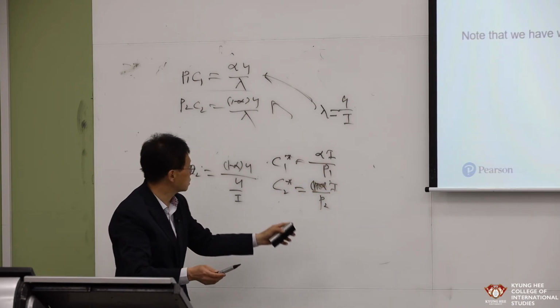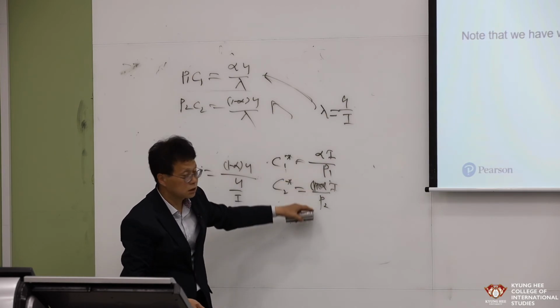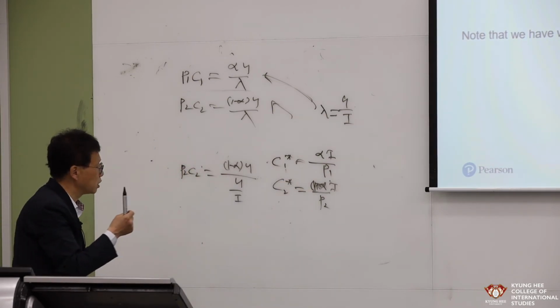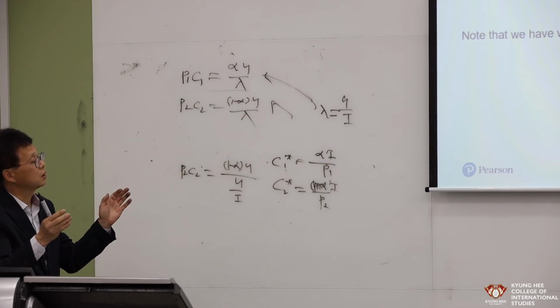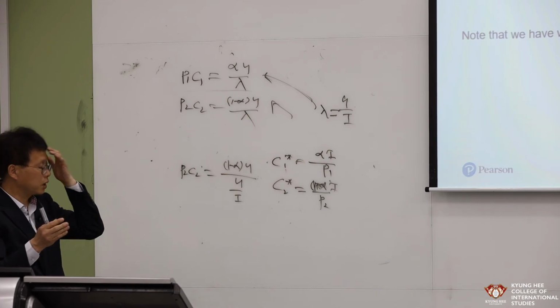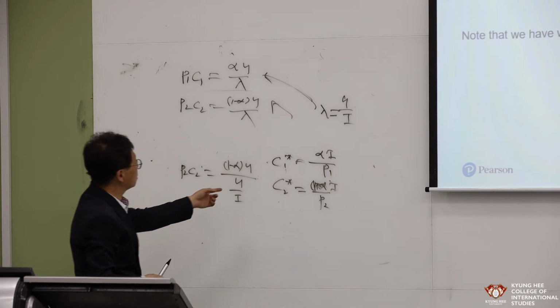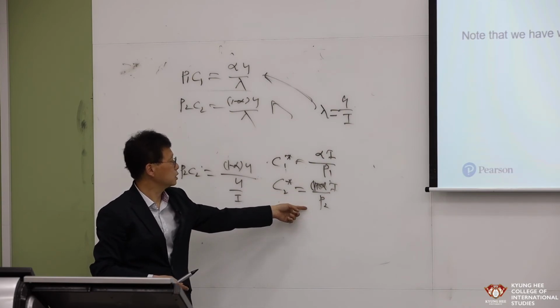Everything is a constant number, so we calculate C1 and C2 star like this. That is the optimal demand for good 1 and good 2, the solution of the utility maximization problem when the utility function is Cobb-Douglas. So we can derive the demand curve, demand for good 1 like this, demand for good 2 like this.